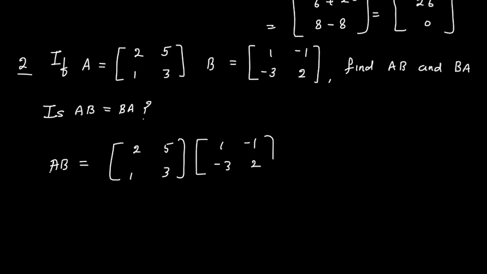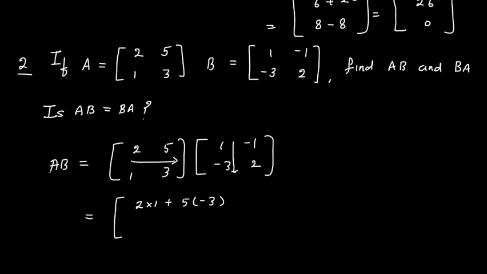When we say AB, that means first you write A and then you write B. Now multiply. The first row and the first column will give me the first element. So 2 into 1 is 2 plus 5 into minus 3 is minus 15. But let us write in detail: 2 into 1 plus 5 into minus 3.